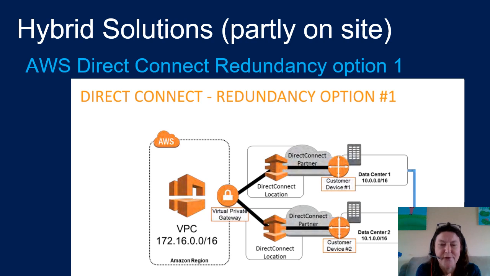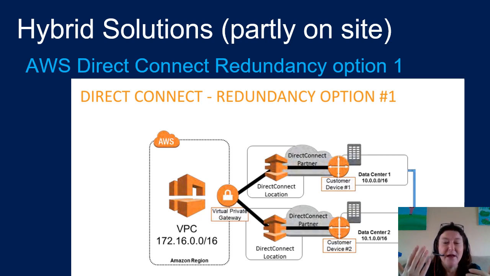So for example, they might have two Direct Connect connections in case one of the Direct Connect connections goes down. This is on the right hand side here. This is in AWS. The customer would have a data center connection, as we said before, a router firewall connection on the right hand side, but in two different places, maybe in two different data centers, and would connect via maybe a different Direct Connect partner.